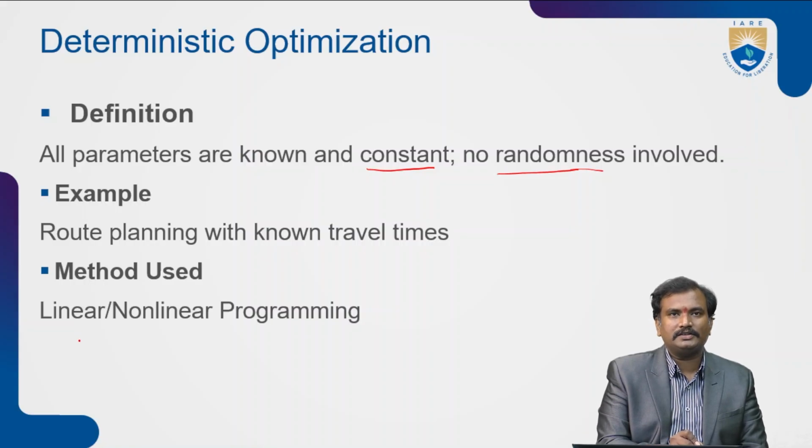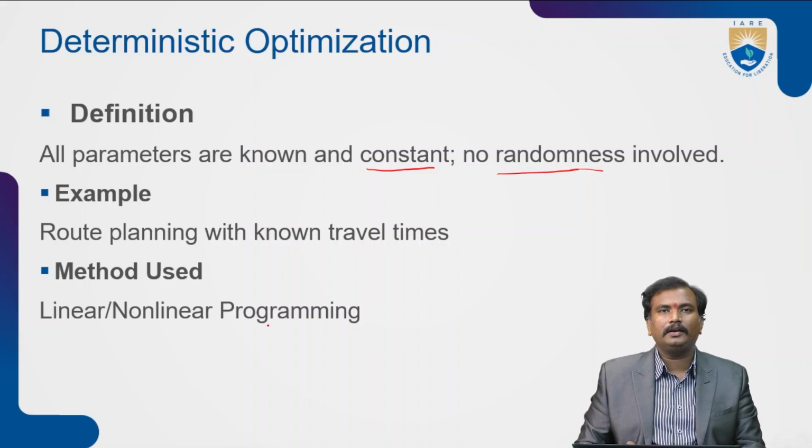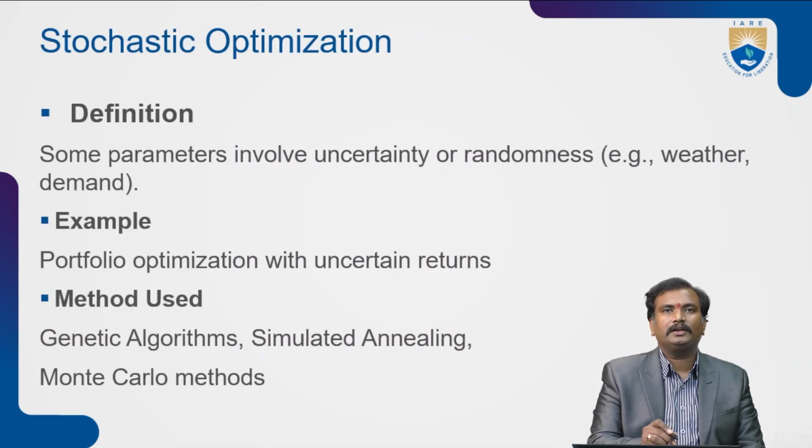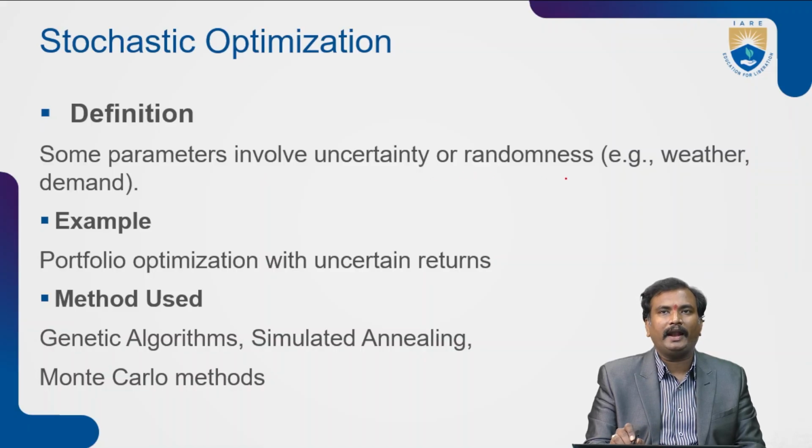And the method used is linear or non-linear programming. And stochastic optimization, where some parameters involve uncertainty or randomness. That is, whenever we consider weather forecasting or weather prediction, we can use uncertainty and randomness, whether in weather or demand.